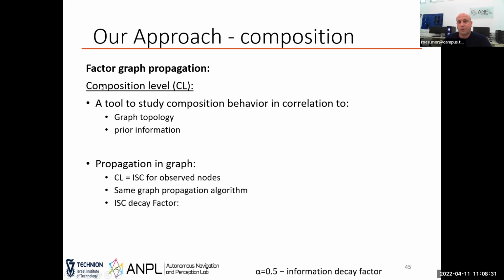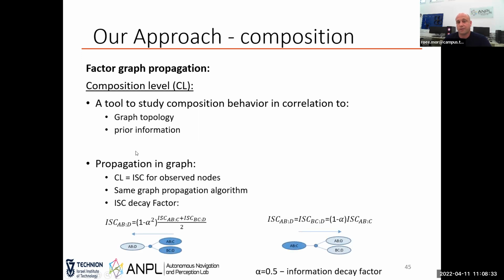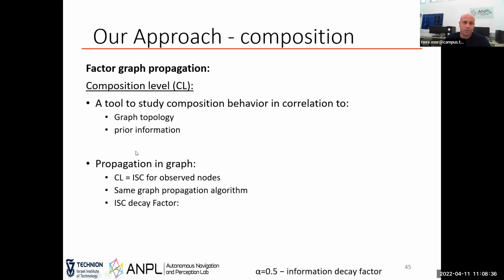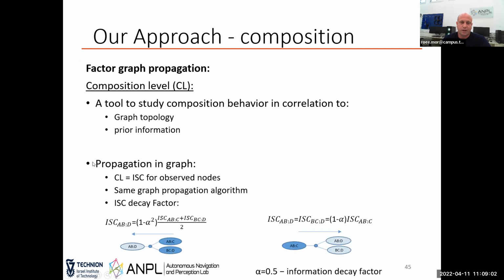So this is why we define something called the composition level. A composition level is a tool for us to characterize for each node how it is topologically located in the graph. And then we are going to look at the information score and see if it's correlated to the topology in the graph, okay? So what is the composition level? The composition level is actually the information score for observed nodes.